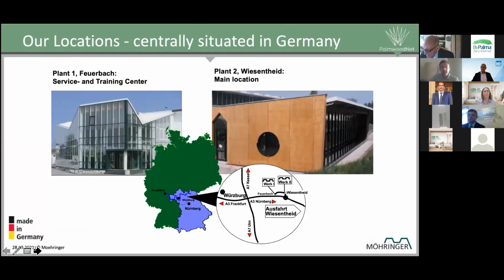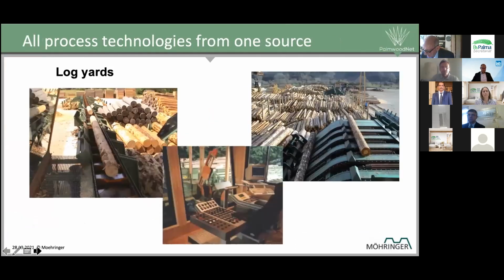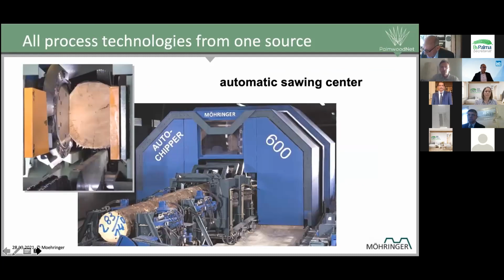Our company is based in north of Bavaria, between Frankfurt and Nuremberg, roughly, with 2 sites. And our range of products focuses from the log yards, so handling of logs, debarking of logs, sorting, scanning of logs, then the different sawing technologies. We have fully automatic sawing centers developed for this purpose.